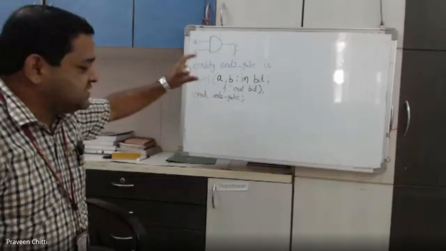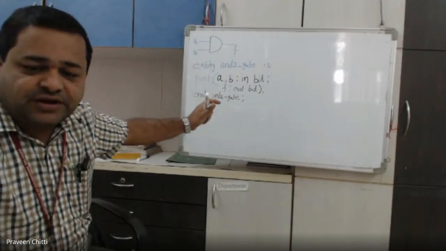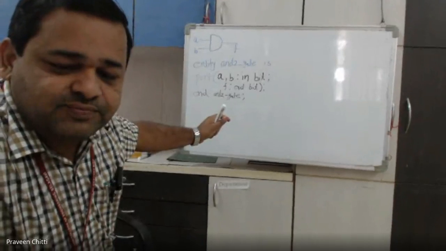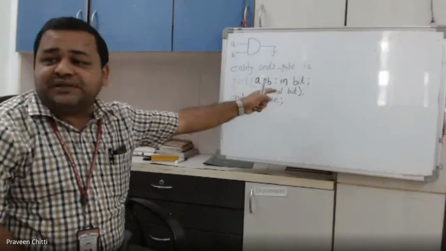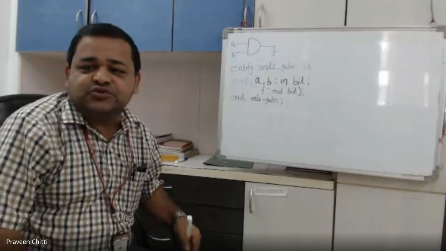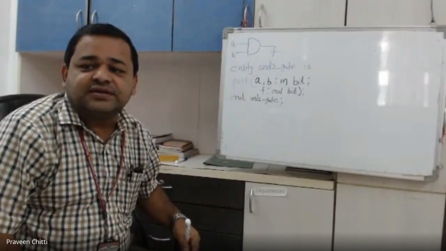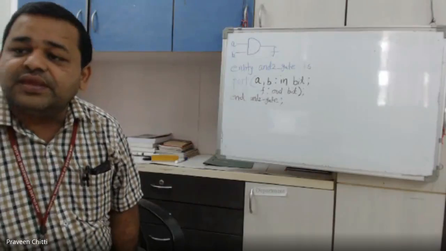There is a design you are writing wherein there are two inputs A and B of type bit, and there is a single output that also is of type bit. That information you have got from this particular entity.